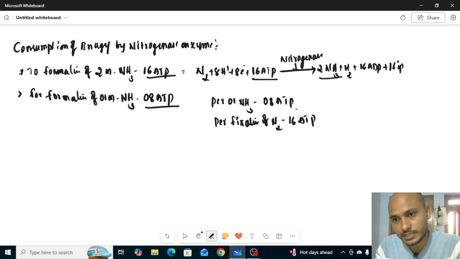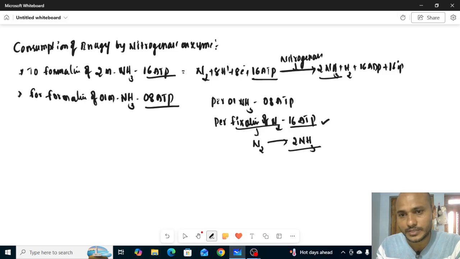So here you will get some confusion, but the thing is, fixation of nitrogen means only nitrogen, one nitrogen gets fixed, means how many ammonium ions form, means 2 molecules. So if 2 molecules of ammonium get formed, how much energy do we require, 16. If asked for formation of 1 molecule of ammonia, we need only 8 ATP.